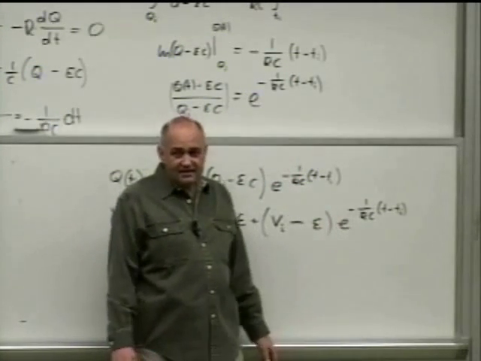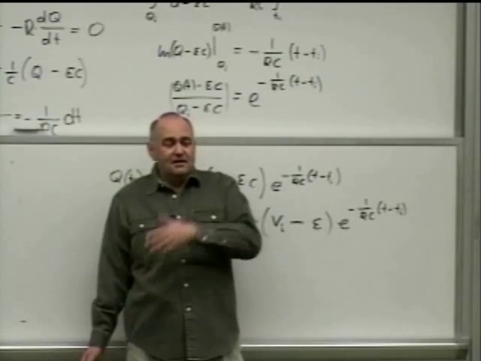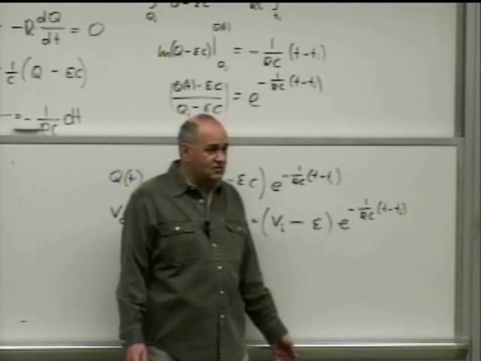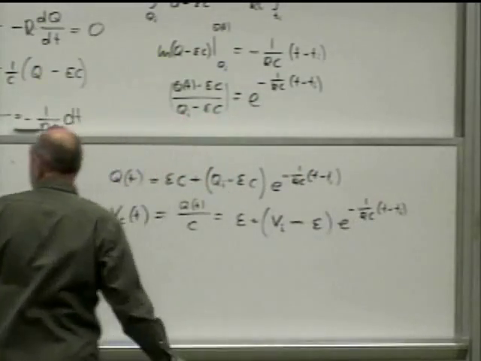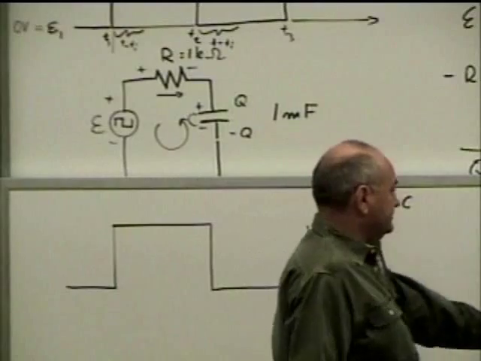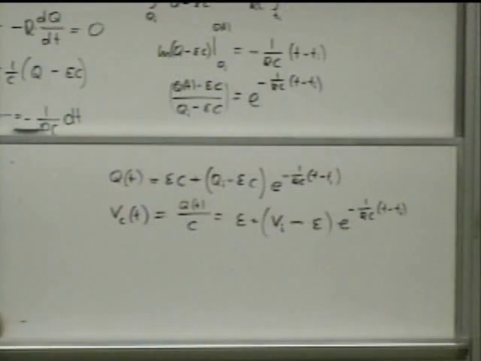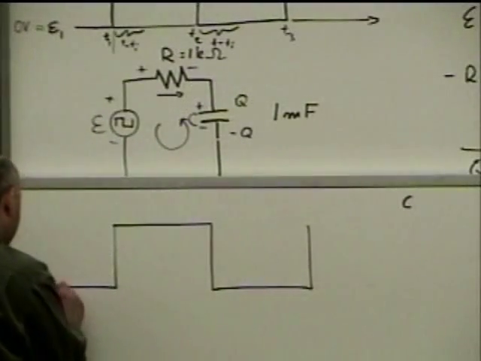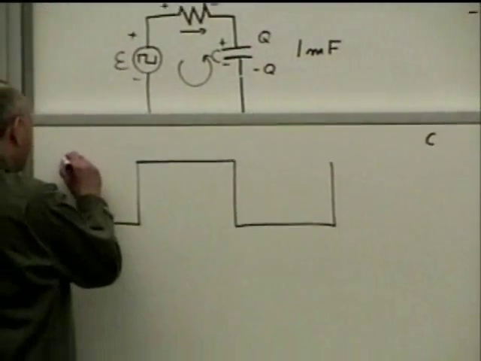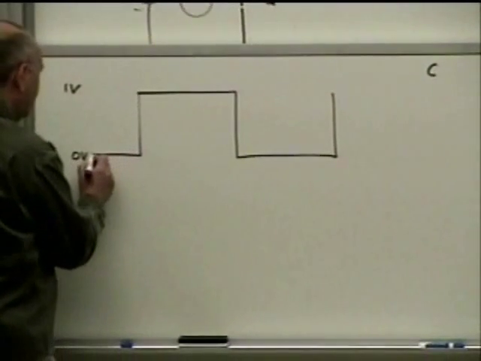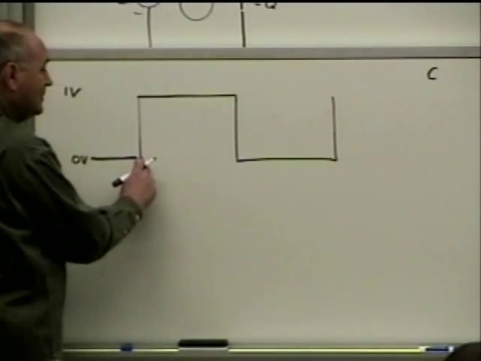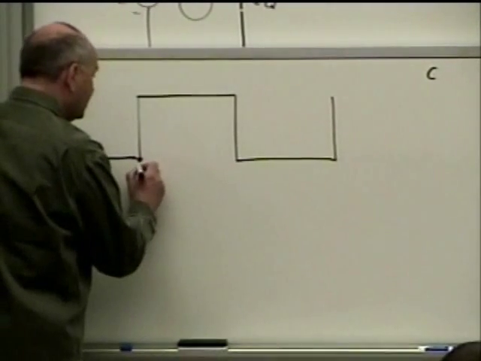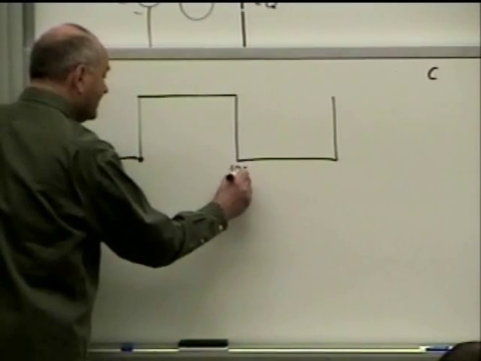And actually, not only that, it says also how fast the current is going to change, and how fast the voltages are going to change, and so on. All right. So let's say that here we have 0 volts, here we have 1 volt, and let's try to see what happens. Let's say that this is from 1 to 10 seconds.